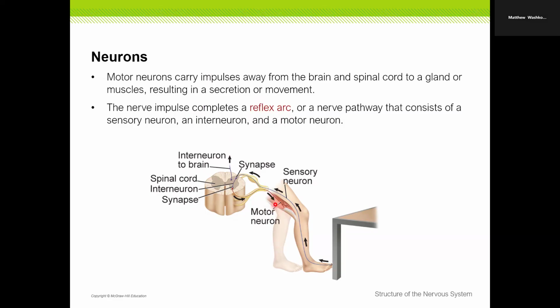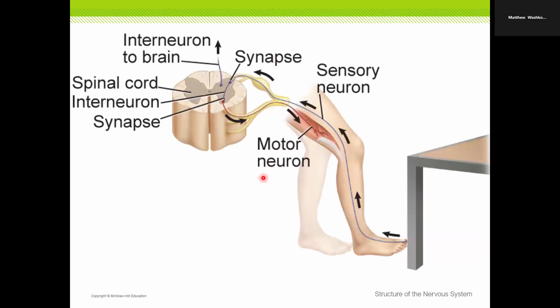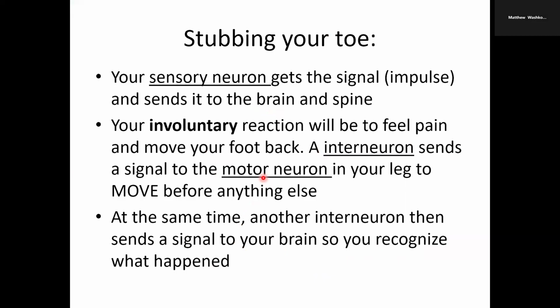Now, that said, motor neurons can also be told what to do from your brain and your spinal cord, right? So we can get signals from two different ways. So how does this happen? Well, if I stub my toe, my sensory neuron gets the impulse and it sends it to the brain and the spine. Now, my involuntary reaction will be to feel pain and move my foot back.